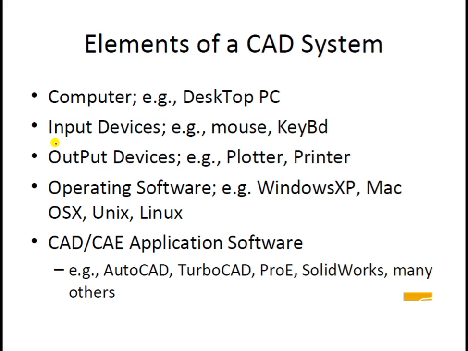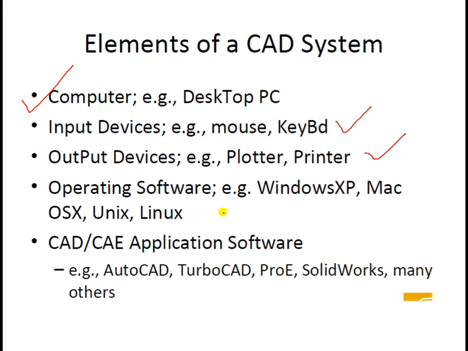Now, as far as the CAD system is concerned, we will need a computer. That may be any kind of desktop PC or laptop. The input devices through which we can give the commands are nothing but the mouse and keyboard. Output devices mean we can plot or print whatever drawing we have created.